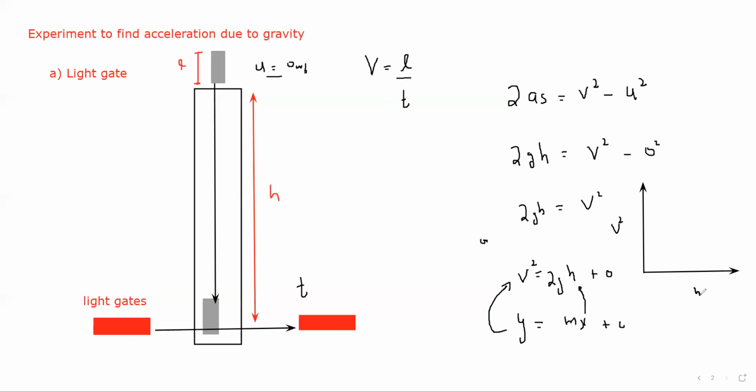So we can vary that distance so that we have different values for height and speed. So when we sketch a graph, the graph will be a straight line.